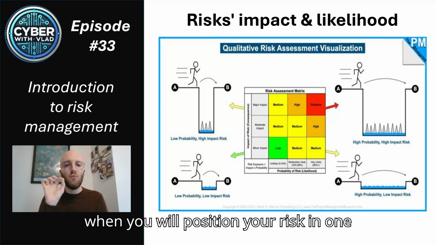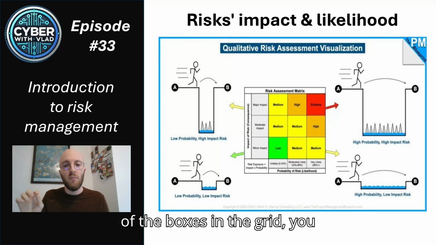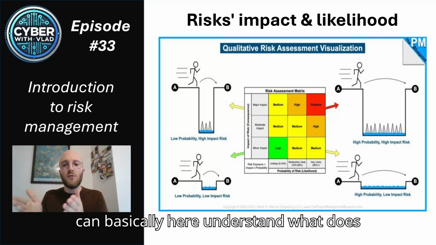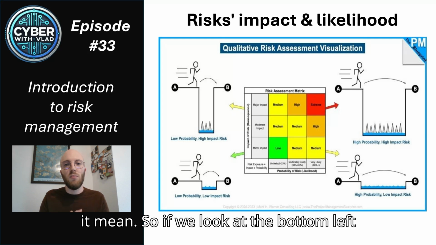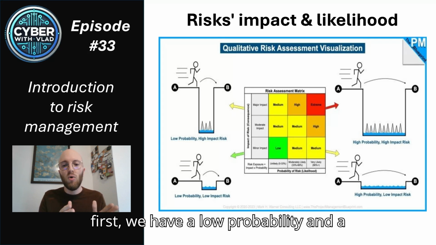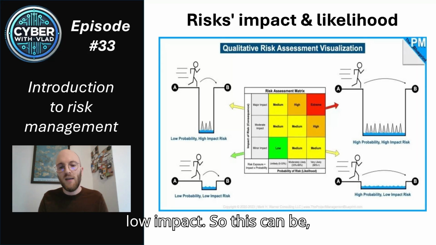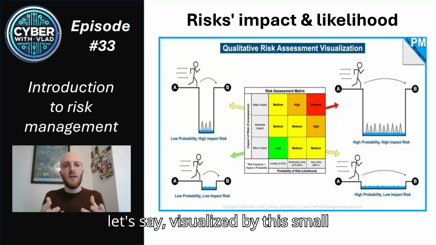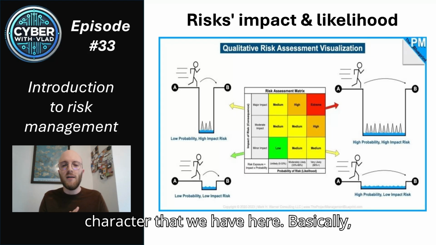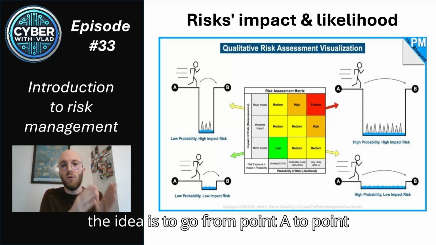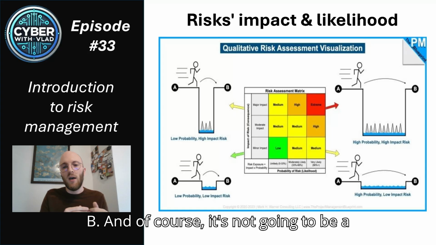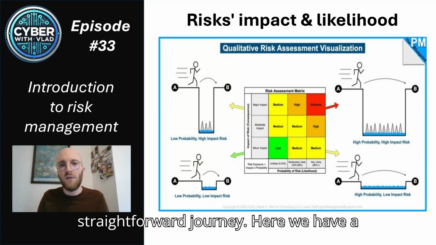And when you position your risk in one of the boxes in the grid, you can understand what it means. So if we look at the bottom left first, we have a low probability and a low impact. So this can be, let's say, visualized by this small character that we have here. Basically, the idea is to go from point A to point B. And of course, it's not going to be a straightforward journey.